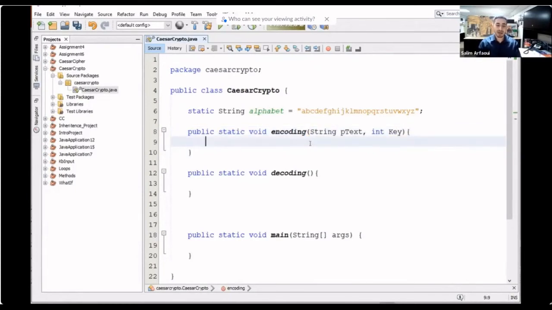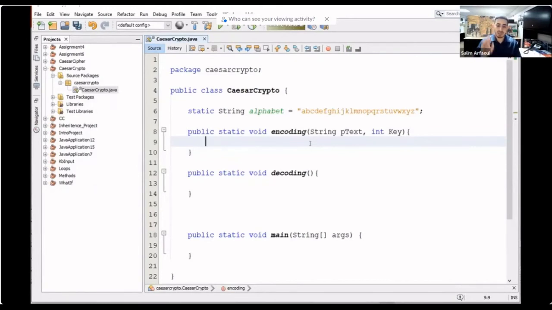Okay, so next thing, something that I usually do, because I can't predict what the user is going to type for me, maybe caps or lowercase, because I'm dependent here on ASCII values. Actually, not dependent on ASCII values, but whatever they give me as users, I'm going to turn them into lowercase.